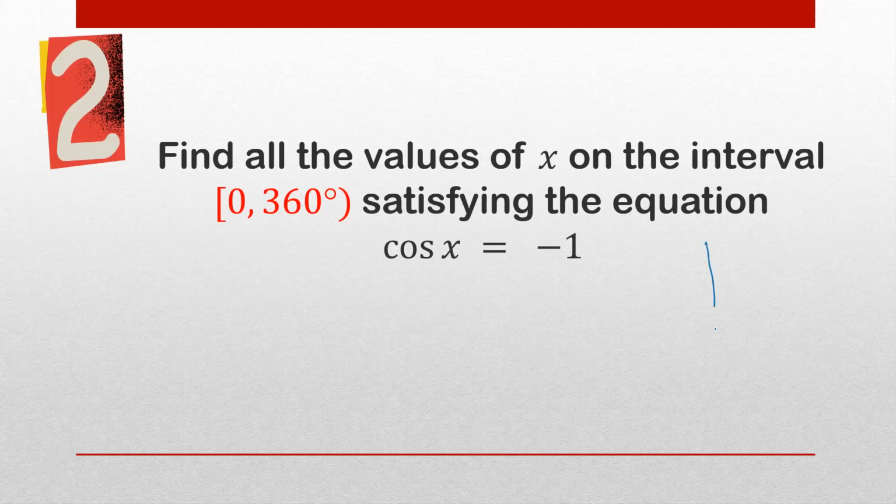Ibig sabihin, kung -1 siya, tapos remember we're solving for the values of x on this equation, ibig sabihin nandito siya saan? Negative no? Nandito siya sa 180 degrees. Okay? Ayan. So aside from that, wala na po, no? So that means our x value is just 180 degrees.